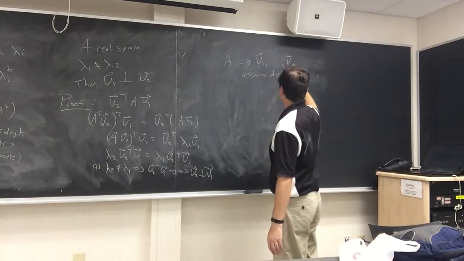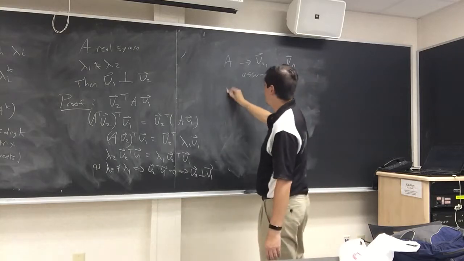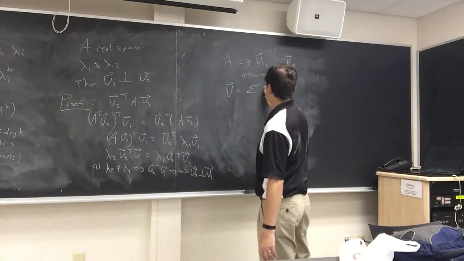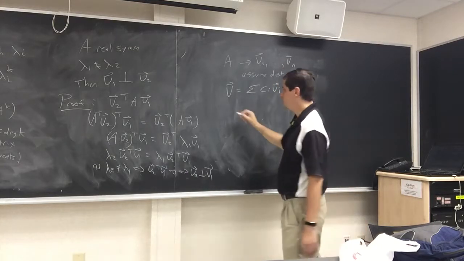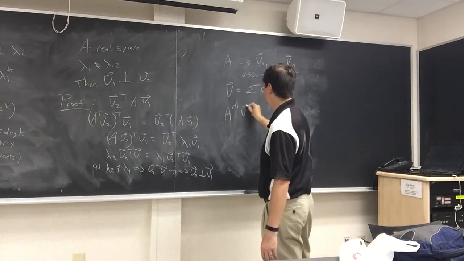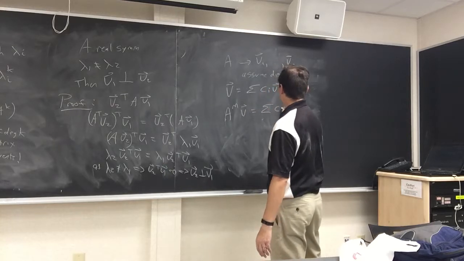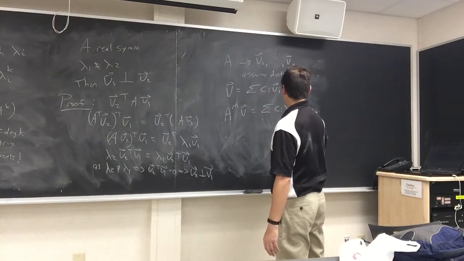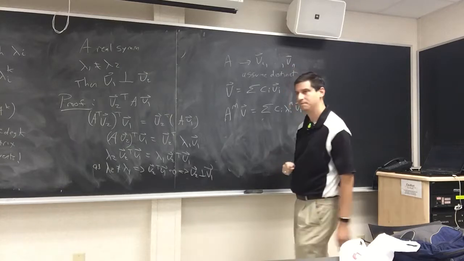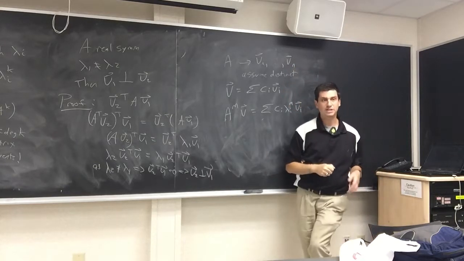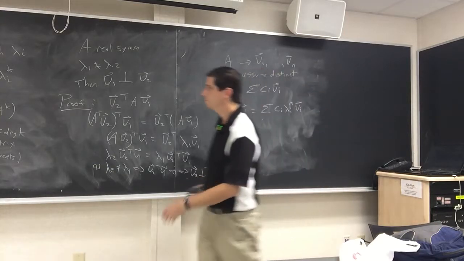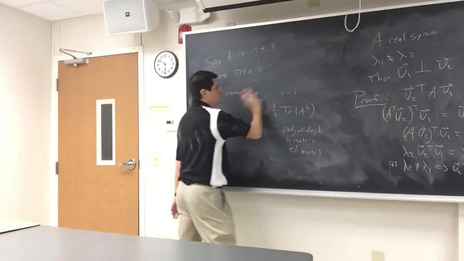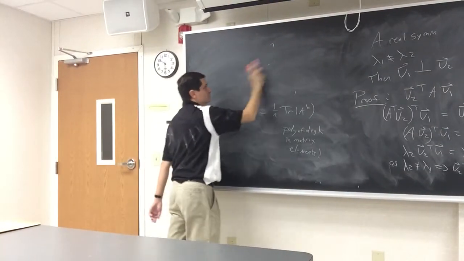Then any vector v can be written as a sum of c_i v_i. So if I calculate A to the m of v, this will be just the sum of c_i lambda_i to the m v_i. So computationally, it's very fast to calculate high powers, assuming you have the eigenvalues.